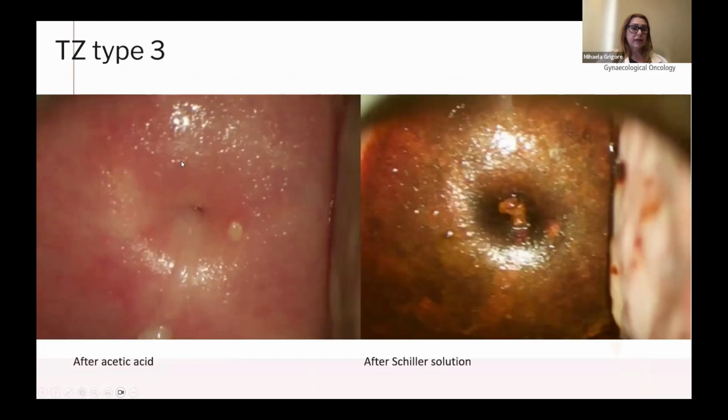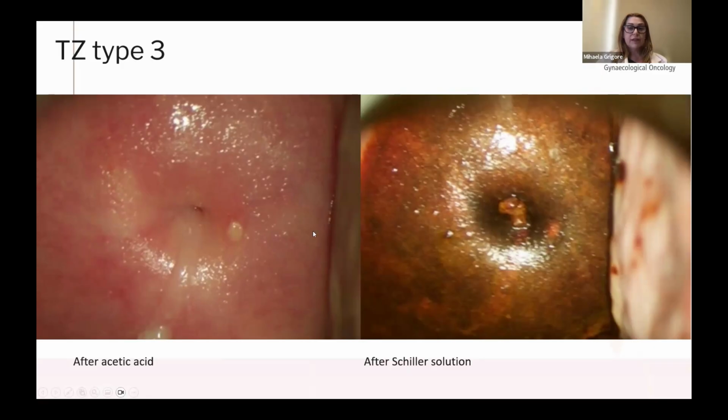And here is an example of the type 3 transformation zone. We have an image after applying acetic acid. Unfortunately, we do not see the squamocolumnar junction at all. So we assume that this junction is inside the endocervical canal. And in the right part, we see the image after we apply Schiller solution.